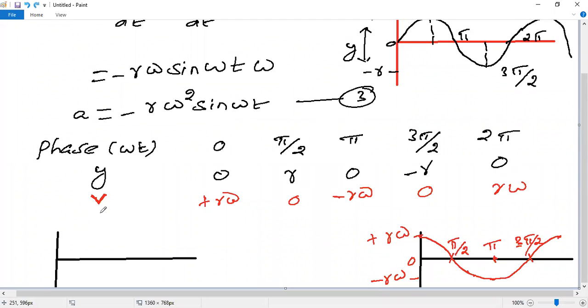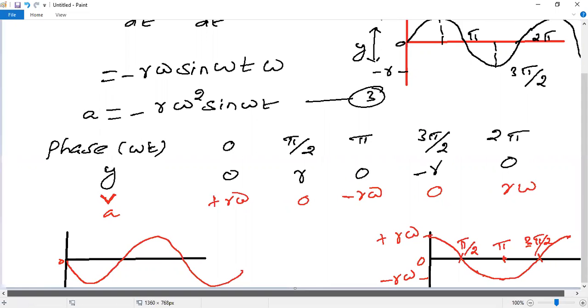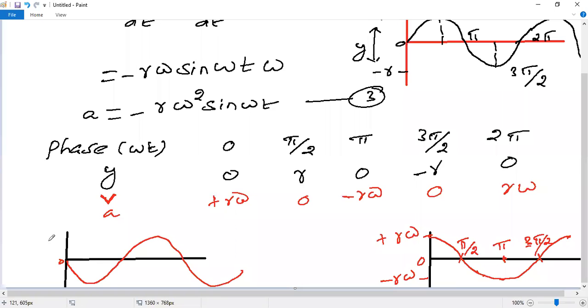Okay, next one, acceleration. Acceleration starts with the down. This is positive r omega square.